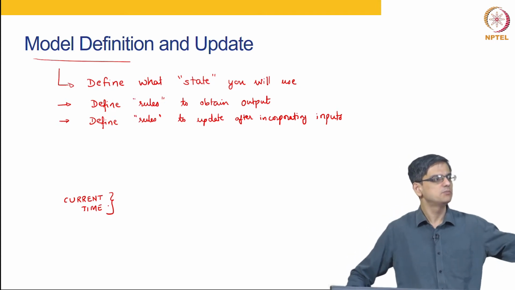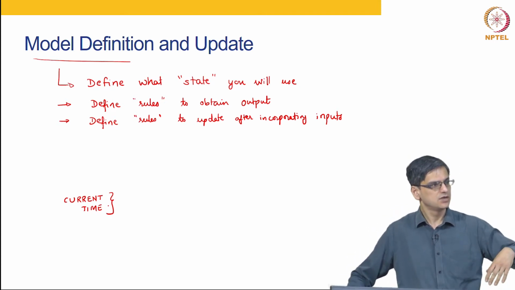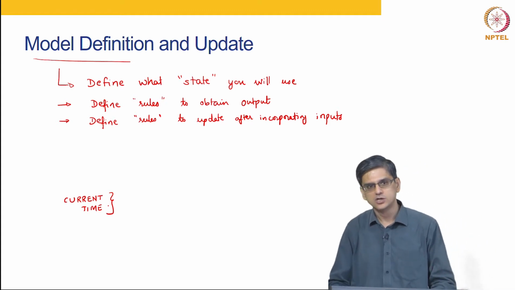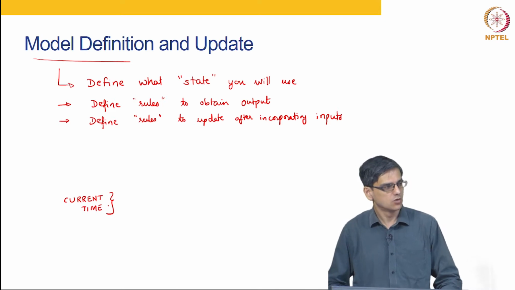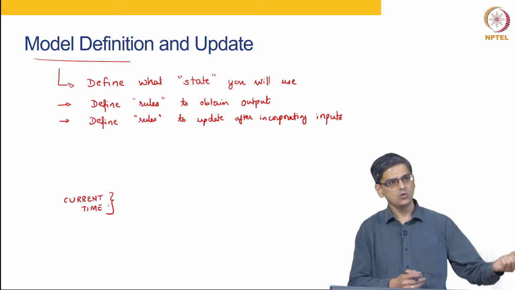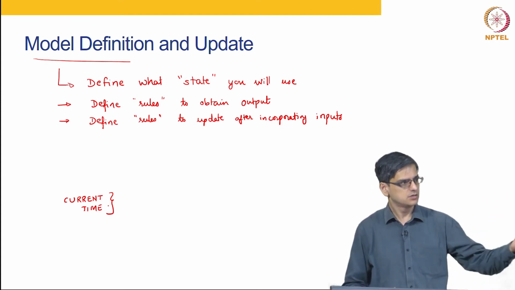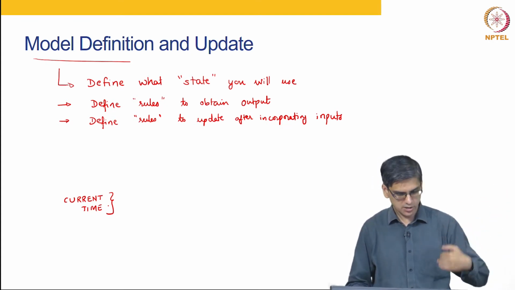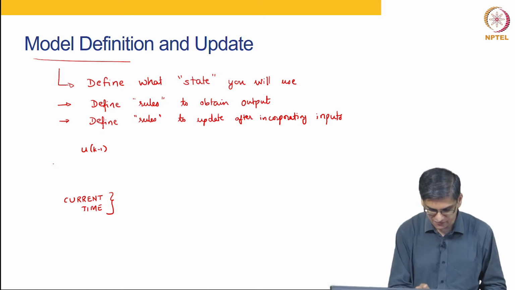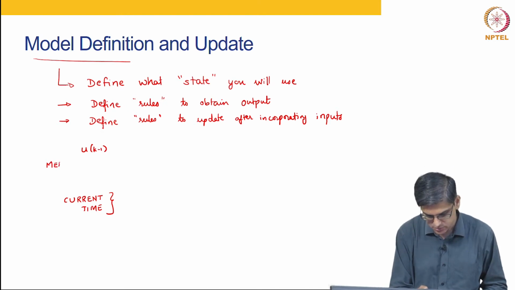We have somehow implemented the input uk minus 1 and have now reached the time k. So, what are we going to do now? We have implemented uk minus 1, we have now sampled the output. We have measured yk.